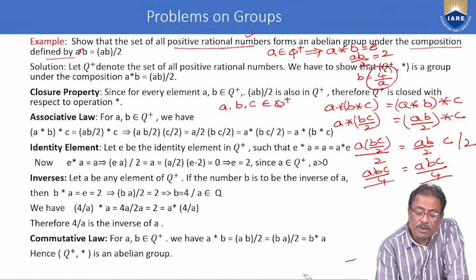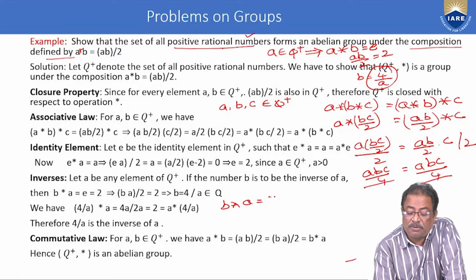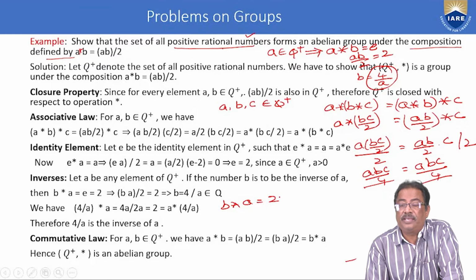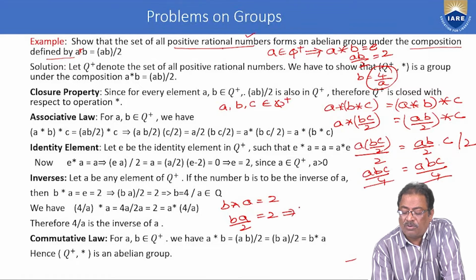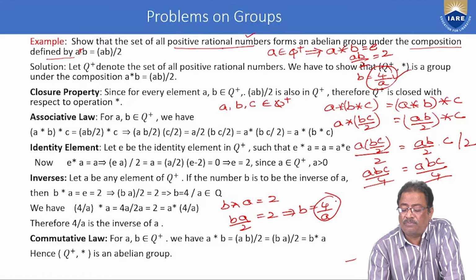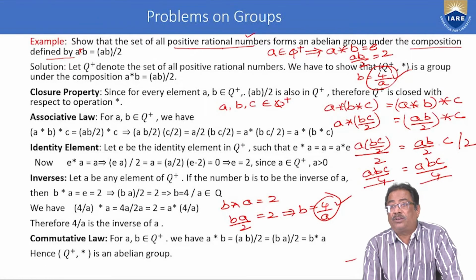Here, if I take B star A equal to the identity element, the identity element is 2 here. So BA by 2 is 2, and B I have to calculate. So it is 4 by A. Whether 4 by A is a member in Q plus or not, it is a positive rational number because A is positive and 4 is positive.